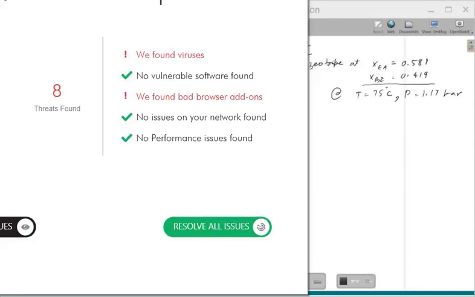This is a generalized equation. Minus 10.5 divided by T minus 51.256. So we need to basically find out based on this.